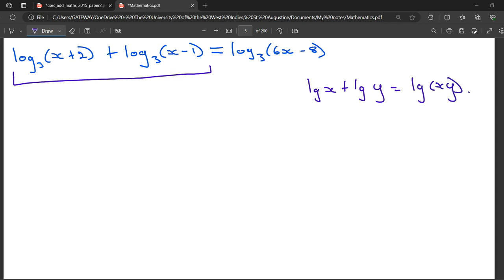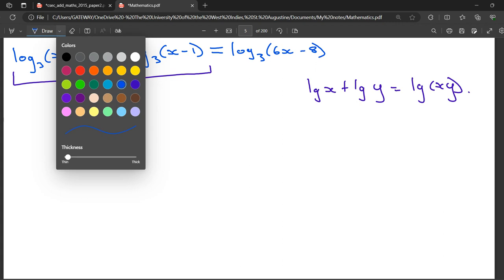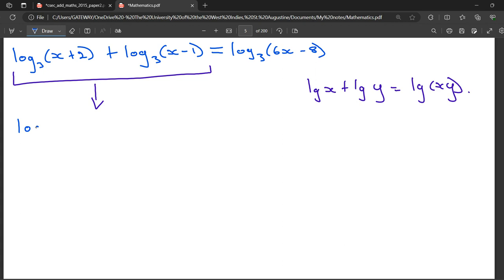So we could apply that rule there. So this will simply combine to give you log of x plus 2 multiply by x minus 1.